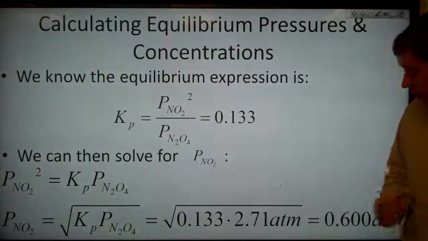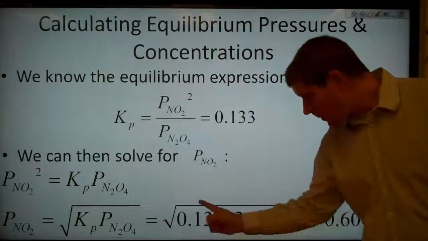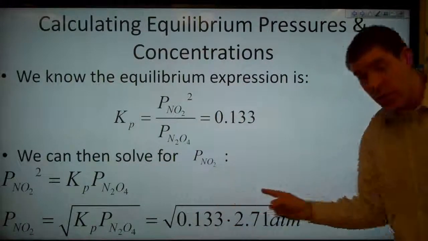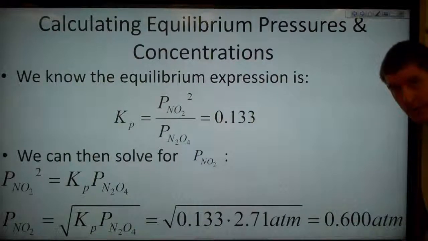Now you may be wondering here, well, if we look at our units, here we have a unitless quantity, and we're multiplying by atmospheres, and then we take the square root. Shouldn't we end up here with the square root of atmospheres?